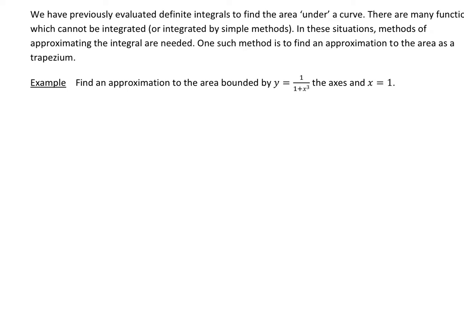If I went back on that and split it into four trapeziums, you can see that they more closely follow the curve, so that's a more accurate way of seeing it.